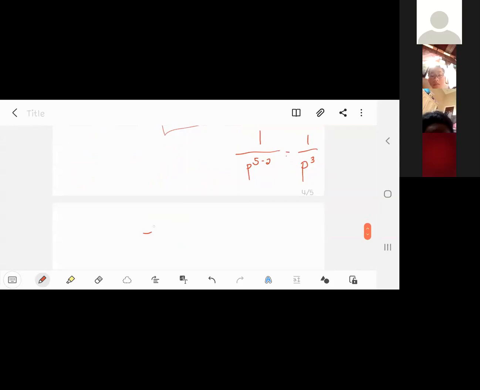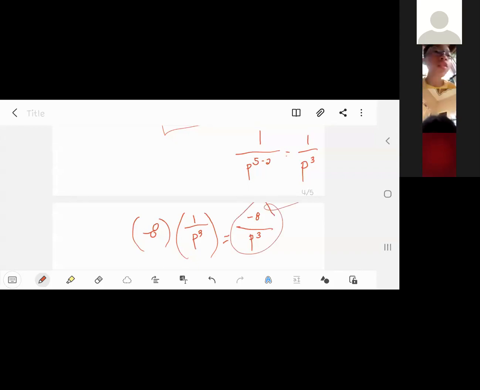So that is negative 8 times 1 over p to the power of 3. That is why negative 8 over p to the power of 3. So there is no need to write the 1, because any number you multiply by 1, the answer is always the number. Okay, got it? Yes, ma'am. Let's proceed.